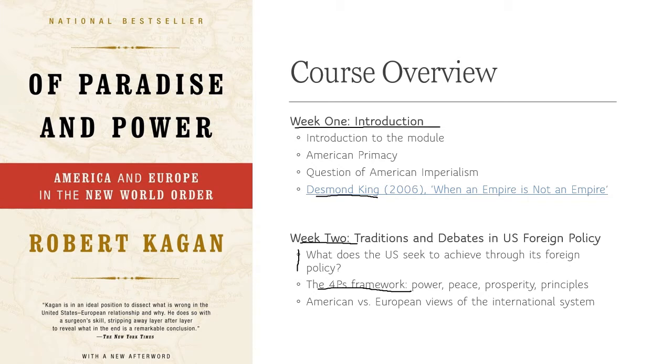So that's what I want to get out of that week, the week that follows this one. As well as this, I also want us to think about how the US sees the world and the international system in a way that clearly differs from a European mindset. Here we'll think about the work of Robert Kagan, on the slide to the left here, and in particular his 2003 work, Paradise and Power.